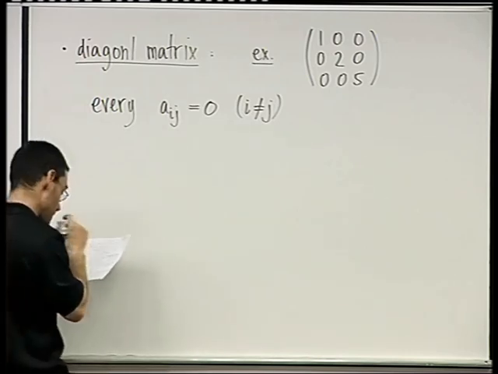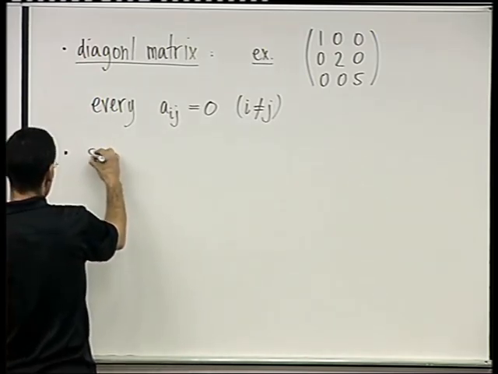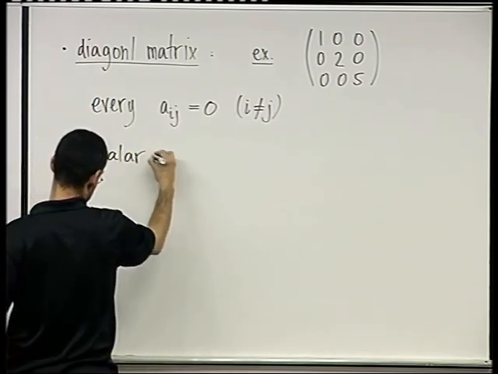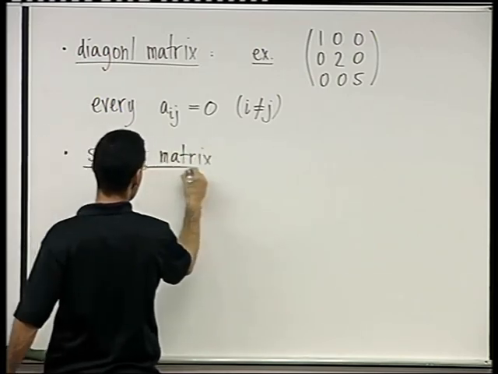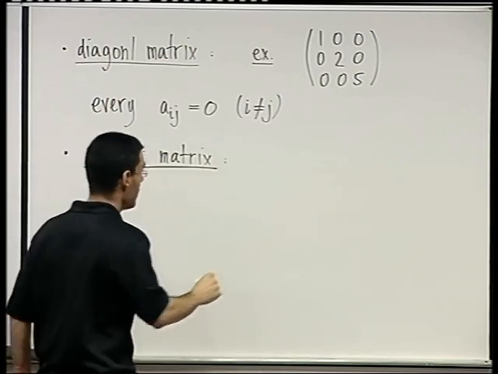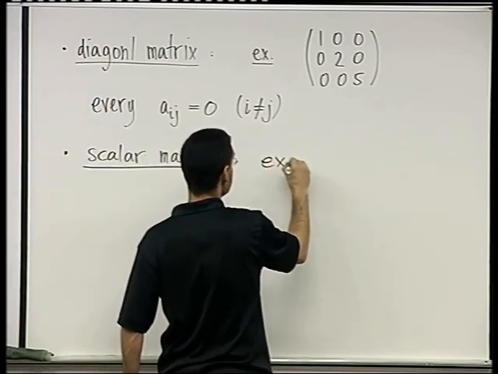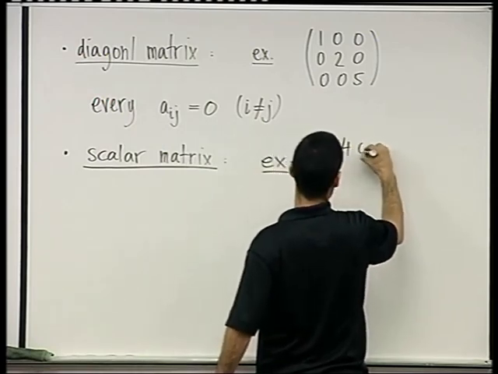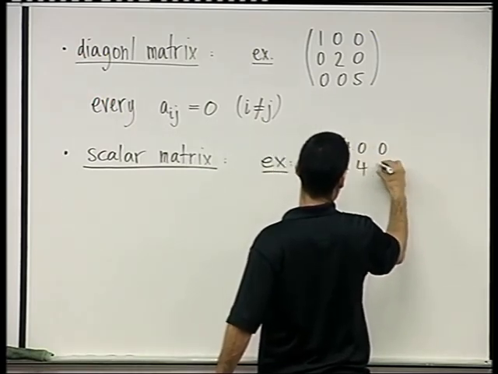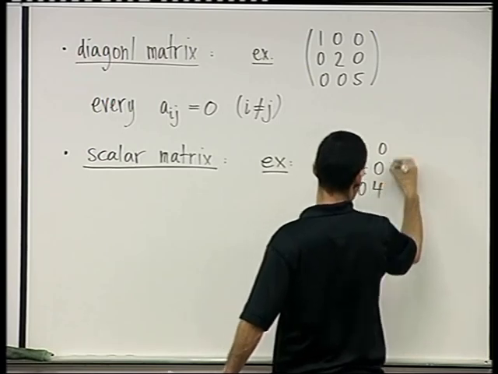That's a diagonal matrix. A scalar matrix is a special case of a diagonal matrix. So for example, the matrix 4, 0, 0, 0, 4, 0, 0, 0, 4.